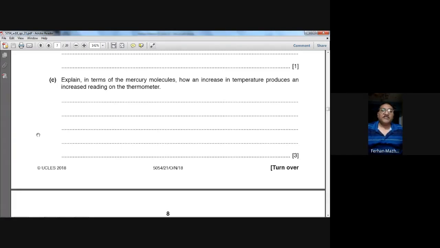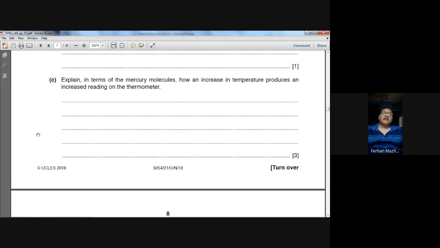You see, when the temperature rises, the molecules of mercury start vibrating vigorously, and the amplitude of their vibration increases. So the molecules move away from each other. So the mercury expands.